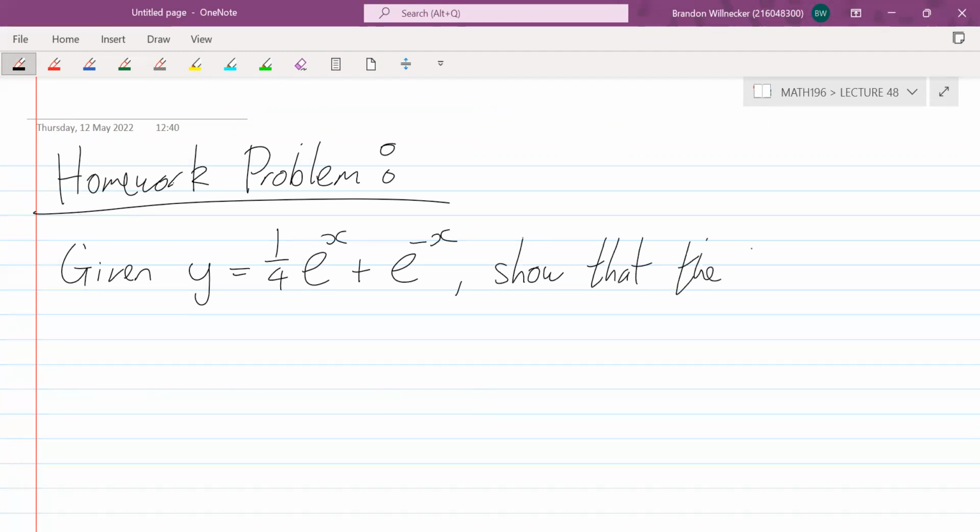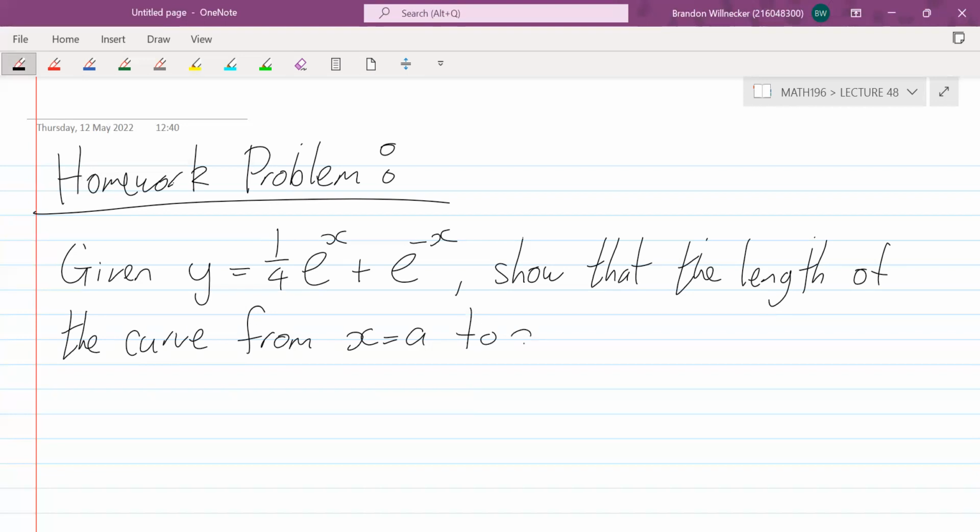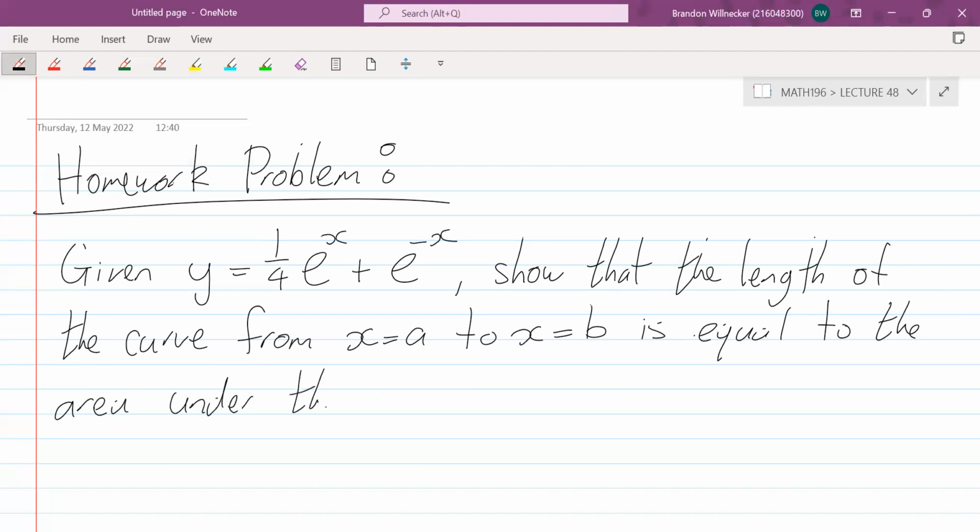Show that the length of the curve from x equals a to x equals b is equal to the area under the curve from x equals a to x equals b.